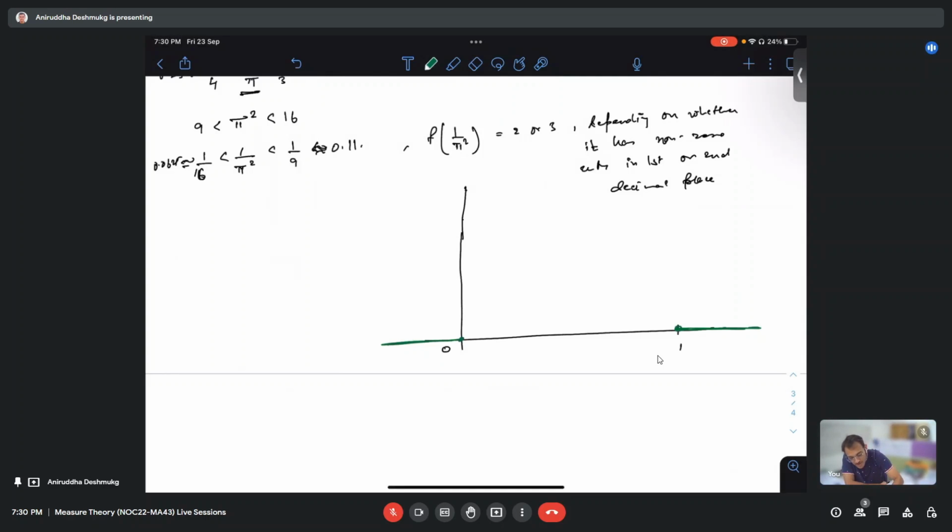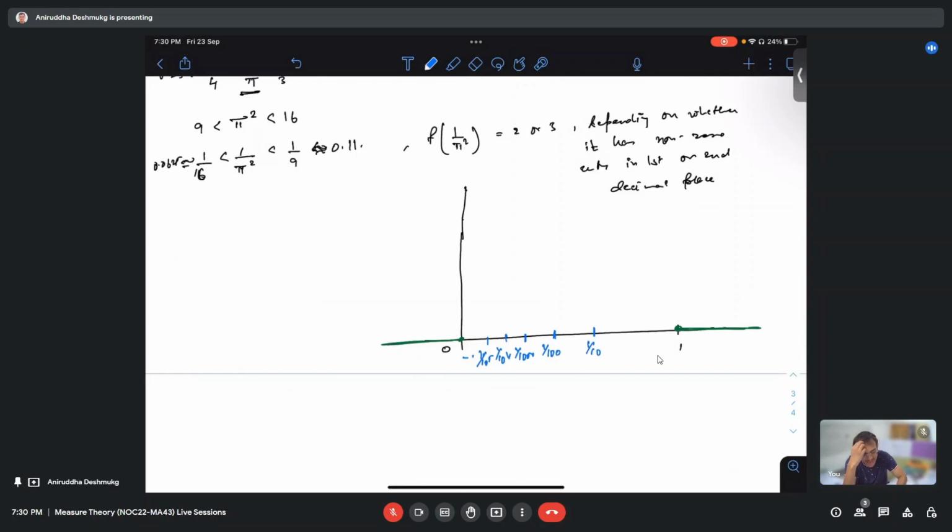So let us divide this 0, 1 into intervals of the form 1 by 10 to 1, then 1 by 100 to 1 by 10, 1 by 1000 to 1 by 100, and so on. So it will be 1 by 10, 1 by 100, 1 by 1000, 1 by 10 to the power 4, 1 by 10 to the power 5, and so on.